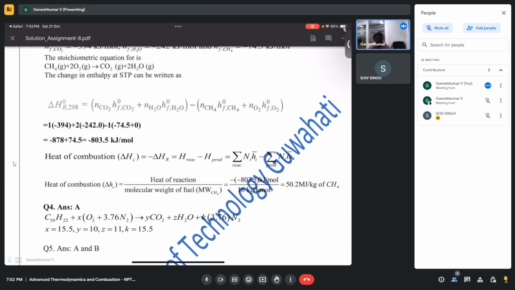the formula is negative of heat of reaction. Basically it is H of reactants minus H of products. H of products minus reactants is the heat of reaction, but heat of combustion is positive.